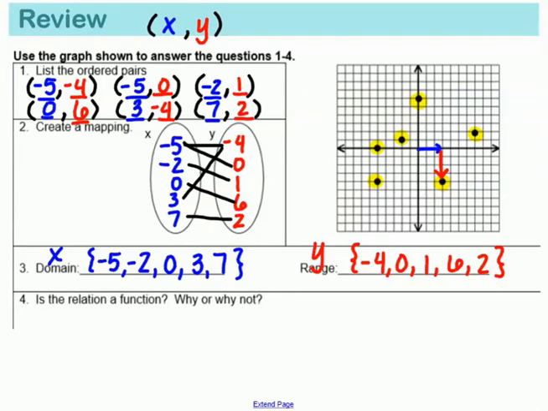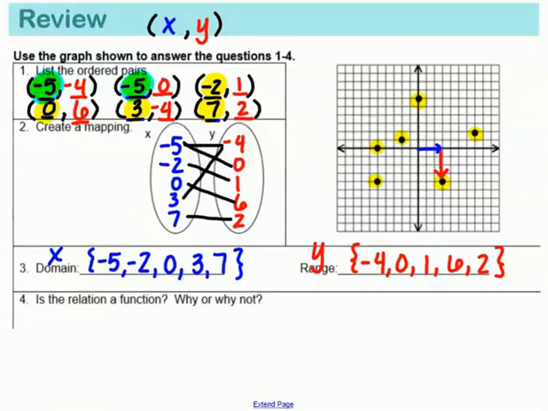Number 4, is the relation a function, yes or no? To determine if a relation is a function, you look at the x values of the relation. And we've got 6 x values that we listed in number 1. For a relation to be a function, all the x values have to be different. But you can see in number 1 that we have an x value, -5, that repeats.